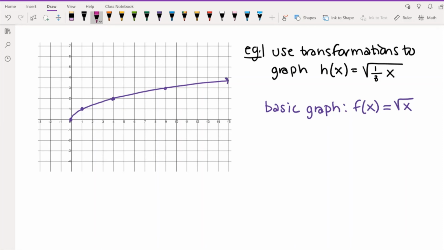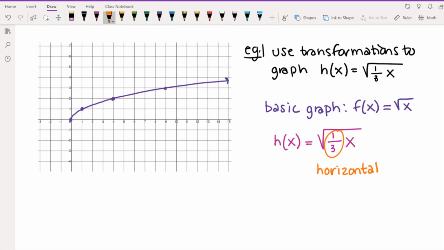So this time, we're multiplying by a third, but we're multiplying by a third inside the function. We're doing it to x, not to the function as a whole. And so that means that we want to interpret this as a horizontal stretch or compression. Let me rewrite it down here so that I can write on it better. So we want to interpret this multiplication by a third as a horizontal stretch or compression.